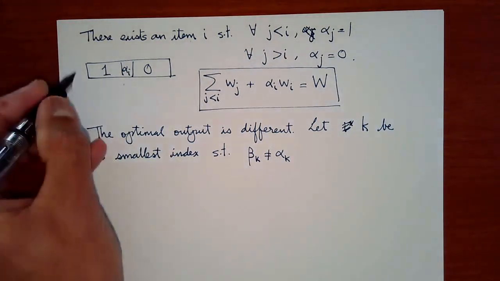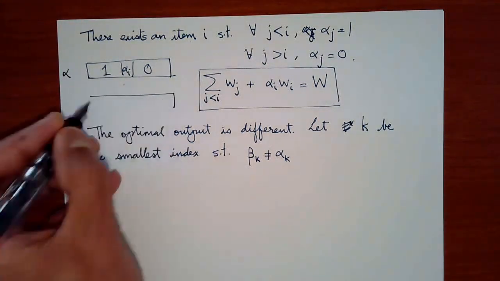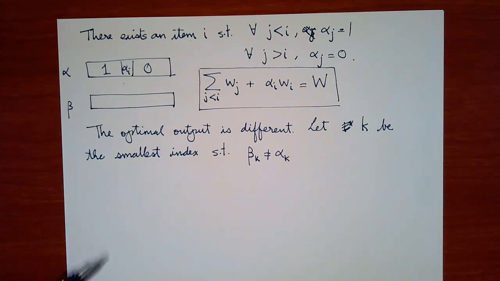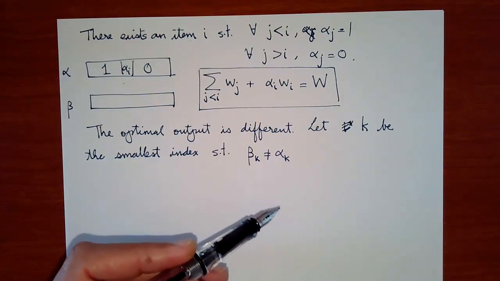This is just saying, here's your alpha vector, and here's your beta vector. Somewhere beta has to be different from alpha. Somewhere it's going to be different.